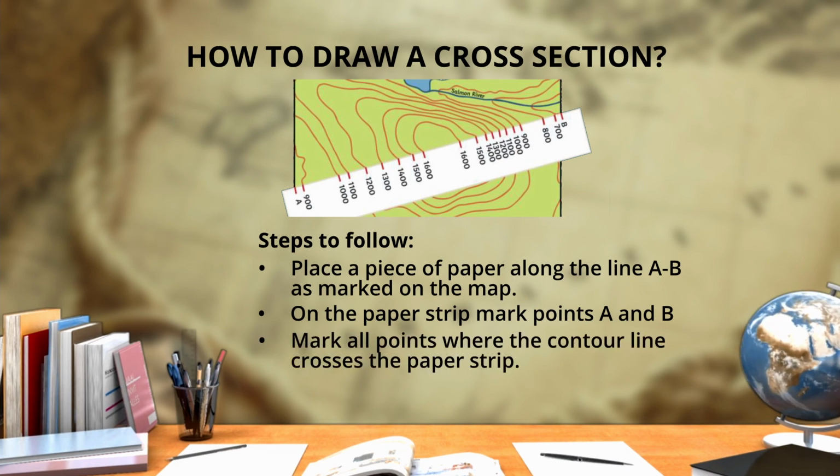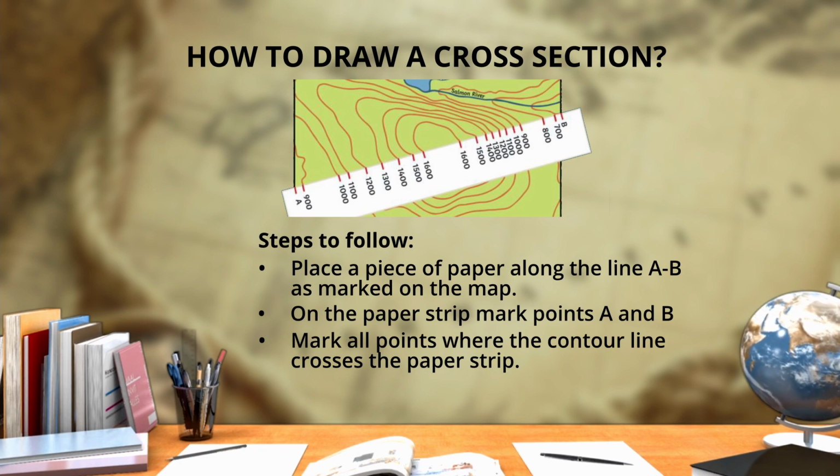After marking the locations of the points, either A to B or C to D or D to E, we then mark all the lines where the contour crosses the paper strip. We mark them on the paper.